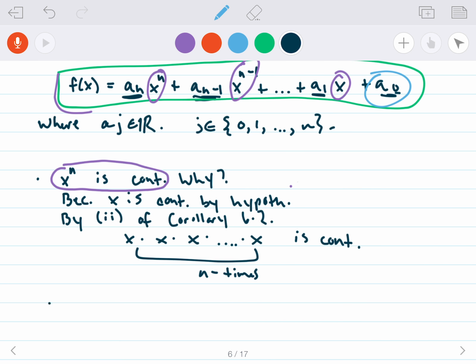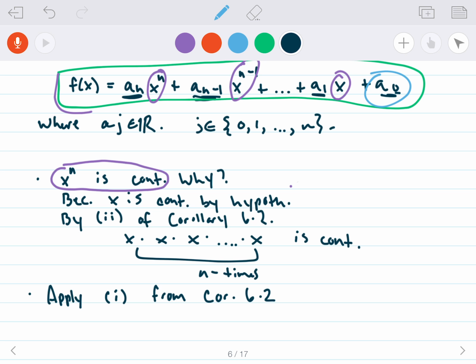If we apply 1 from corollary 6.2, that says that any scalar times a continuous function is continuous.